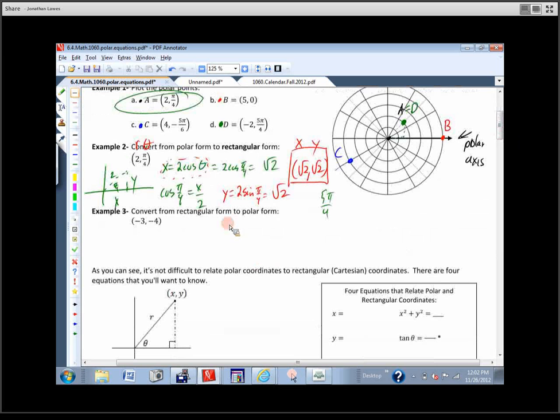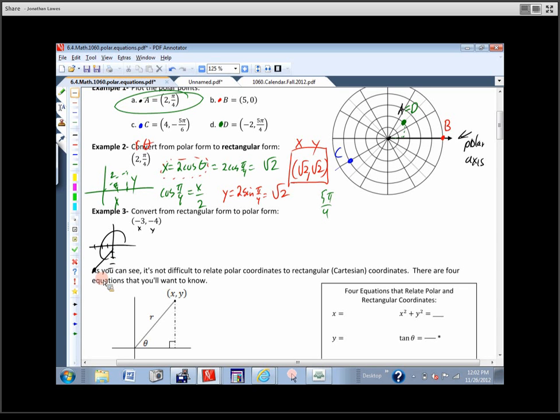Okay, let's convert from rectangular to polar. So if I've got the point in rectangular form, or in other words, x's and y's, so I'm at -3 and -4, so I'm down here. I want to figure out how far I am from the pole, and I want to figure out what is my direction angle. What is this big angle right here?